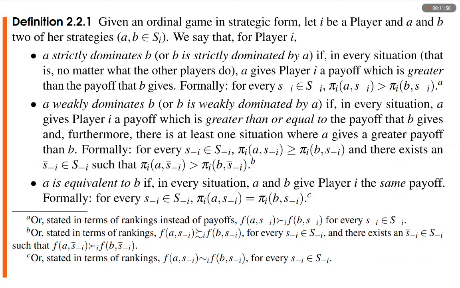Definition 2.2.1. Given an ordinal game in strategic form, let I be a player and A and B two of her strategies, A, B elements of capital S sub I. We say that for player I, bullet point 1: A strictly dominates B, or B is strictly dominated by A, if in every situation, that is, no matter what the other players do, A gives player I a payoff which is greater than the payoff that B gives.